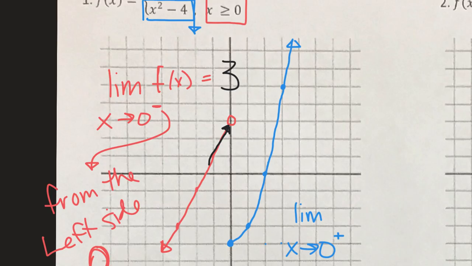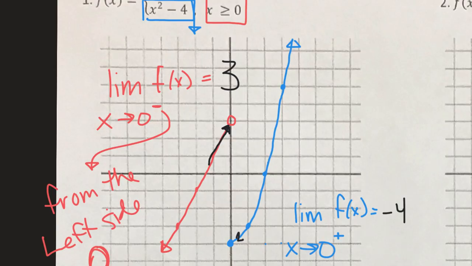So 3, 2, 1, 1/2, right? We're getting closer and closer to 0 from the right side. Okay, and what y value does that approach if we're going from the right? Negative 4.